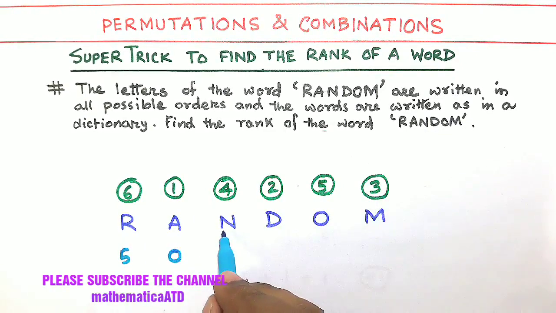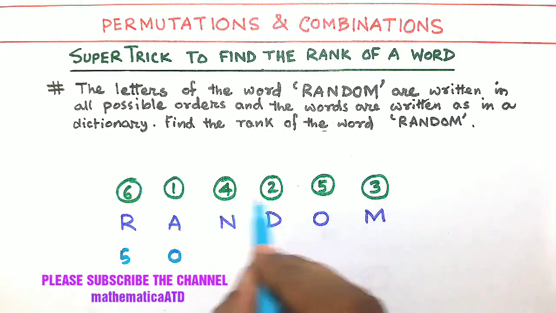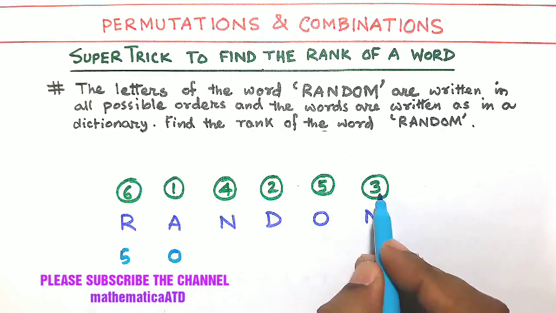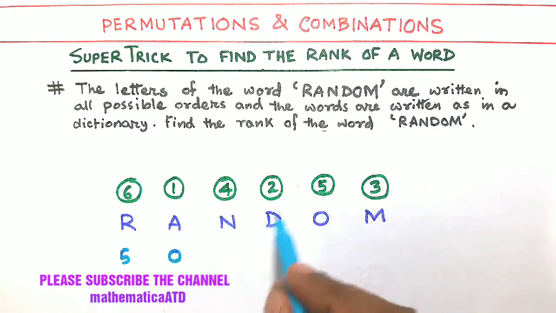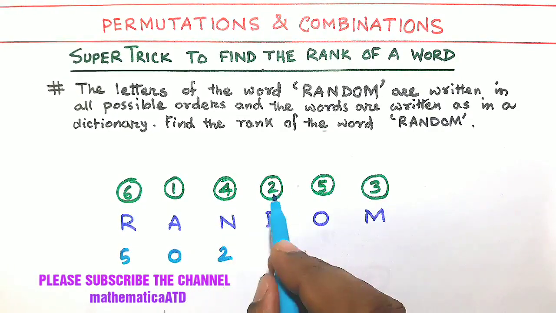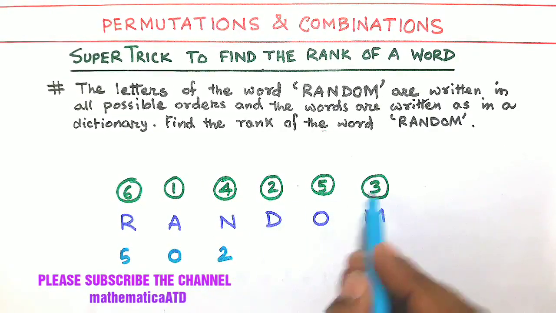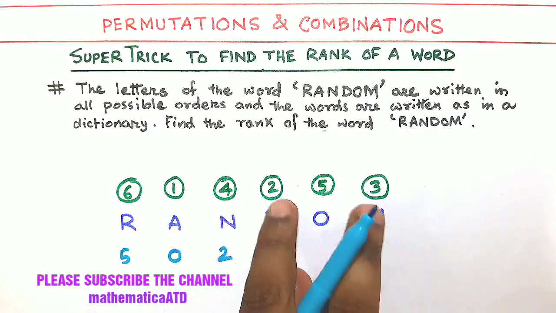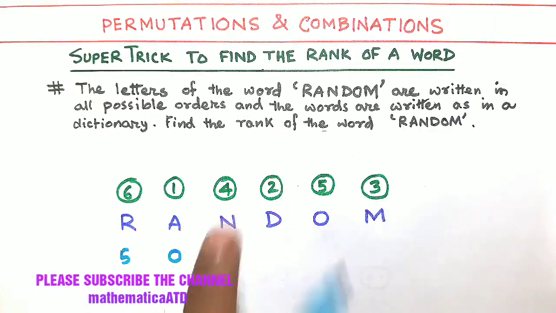Next, for the letter N, you see that of the numbers on the right side of 4, only 2 and 3 are less than 4. For this we have to write 2. 2 is less than 4, 3 is less than 4, but 5 is not less than 4. Only 2 numbers are less than 4. For this we have written 2.